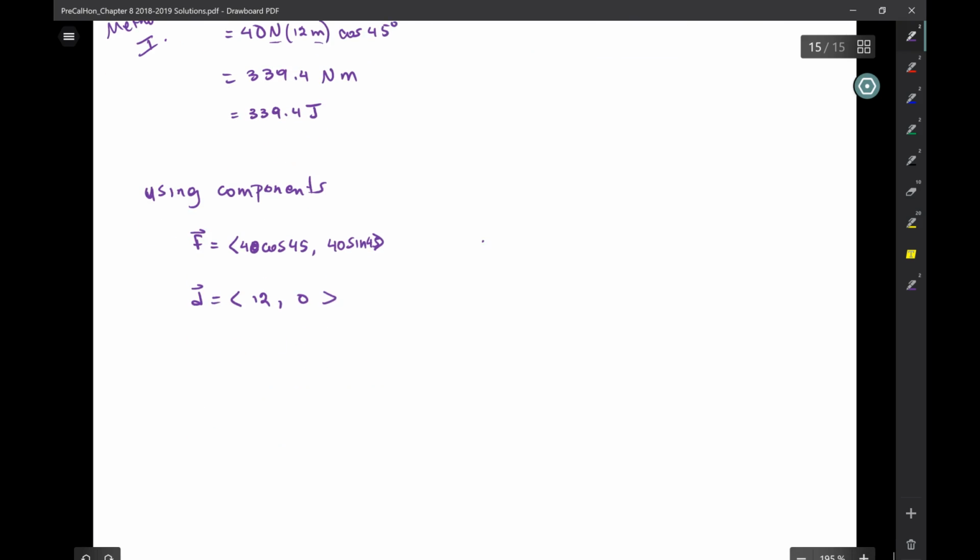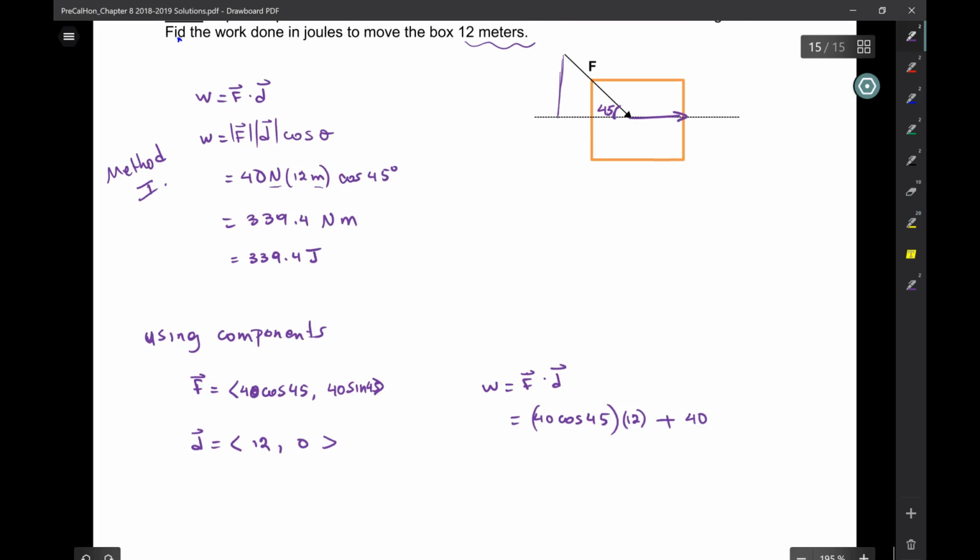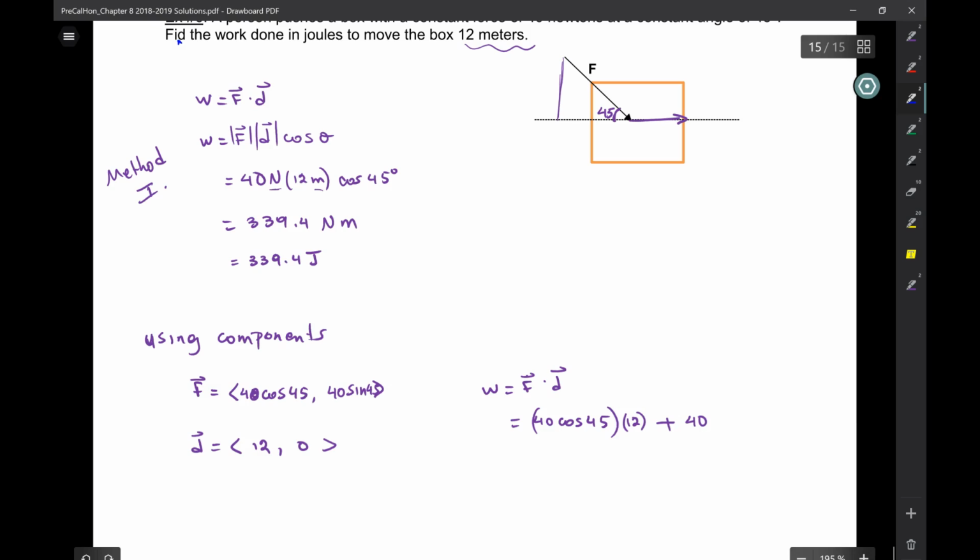So now, if work is F dot D, then it's 40 cosine 45 times 12, plus, oh, one of these is negative. Which one? This one. The y is negative.